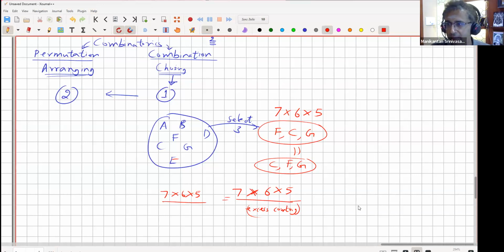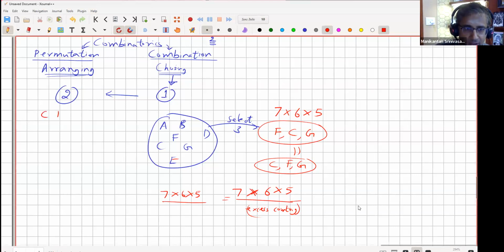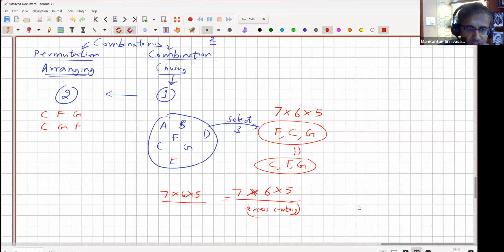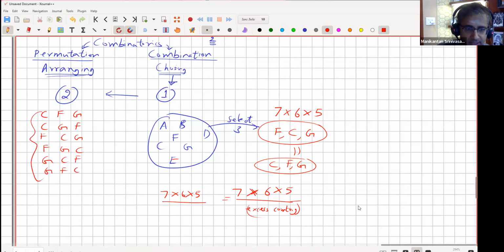So that brings us to the arrangement part. Let's write it alphabetically. It could be CFG, CGF, FCG, FGC, GCF, GFC. So there are 6 ways. Where did the 6 come from? The 6 came from 3 factorial.